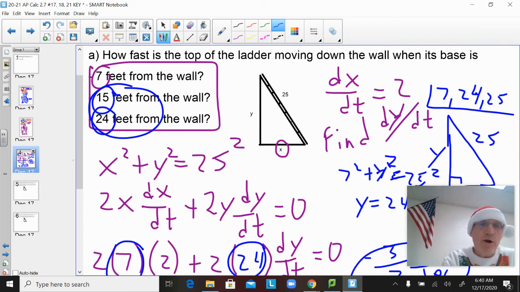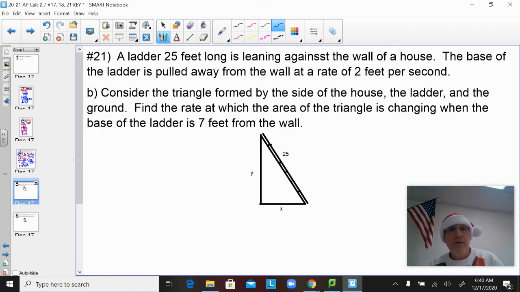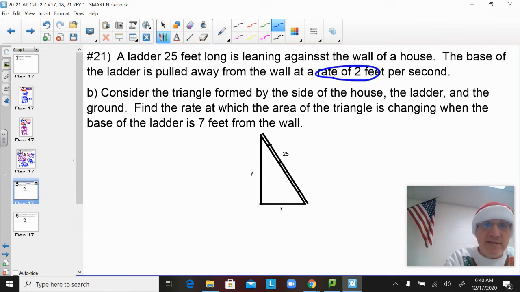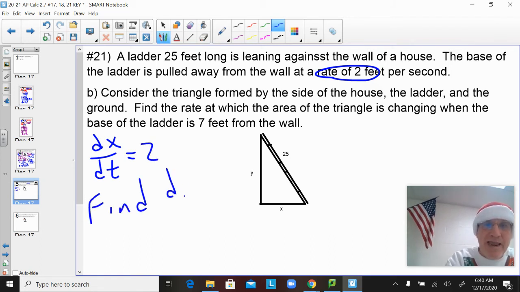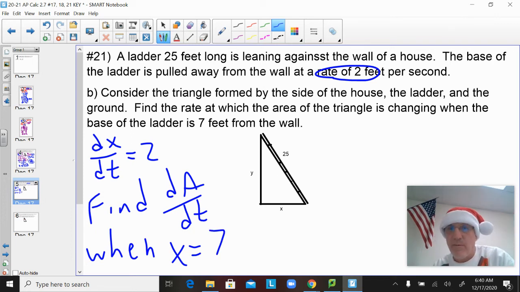All right. Part B, same ladder. Now it says, consider the triangle formed by the side of the house, the ladder, and the ground. Find the rate at which the area of the triangle is changing. It still tells us that dx dt equals 2, but it wants to know dA dt, the rate of change of the area, when x equals 7, when the ladder is 7 feet from the wall.